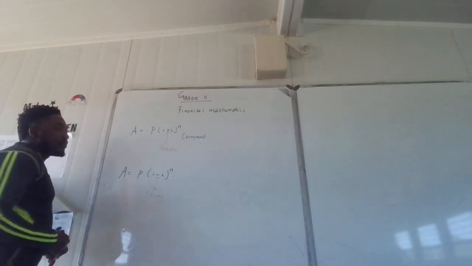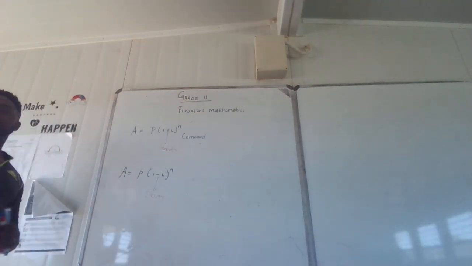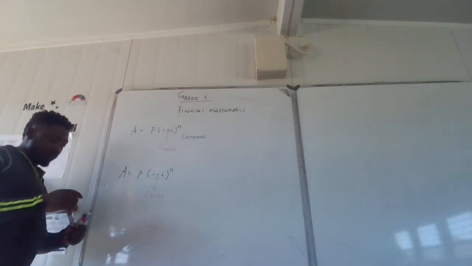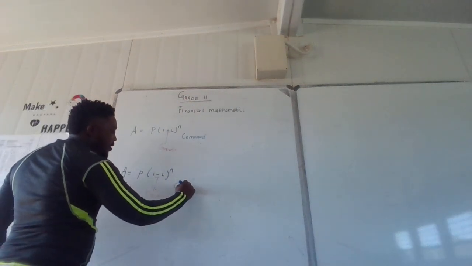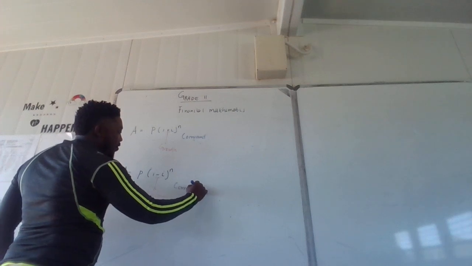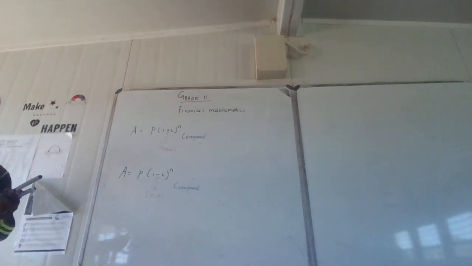But because our number of years, n, is an exponent, it means it's still compound. We are still compounding. We'll also check how this will be used further to solve problems in grade 12.